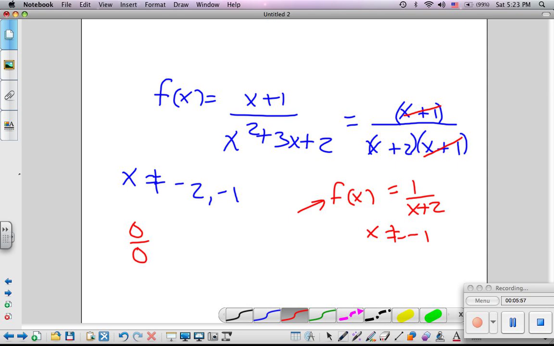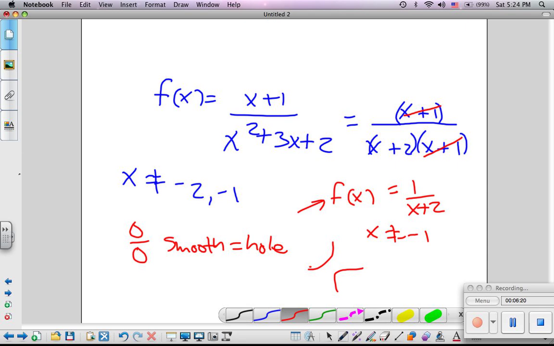Generally what we'll see most times is if we get a 0 over 0, like we would have in this case, we want to look at the graph on our calculator and see if it's smooth. If it's smooth, there's a hole in the graph. If it's not smooth, so if you see asymptotes and things like that, we'll know we have asymptotic behavior and we have an asymptote rather than a hole.